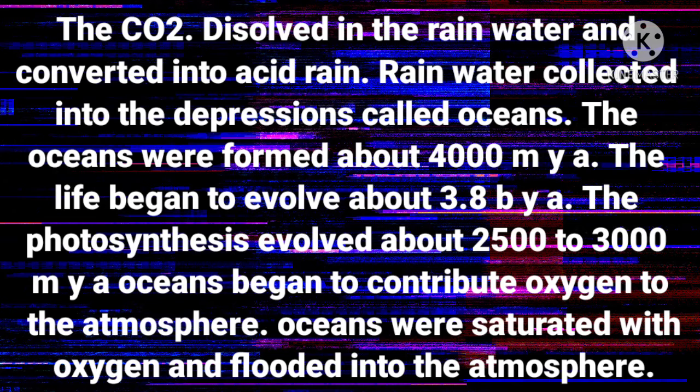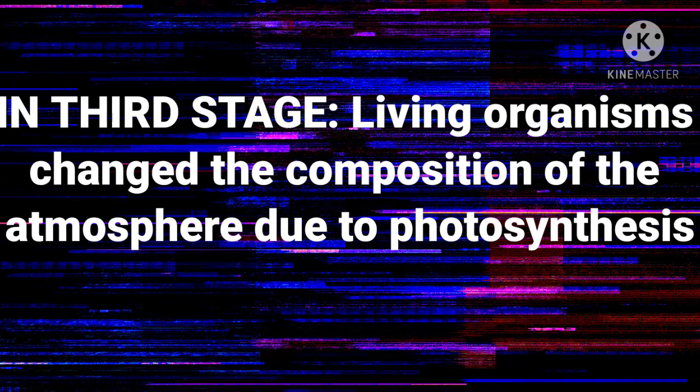Oxygen was saturated in the oceans and flooded into the atmosphere. And at the last, in the third stage, the living organisms changed the composition of the atmosphere due to photosynthesis, and then after that, the origin of life started on our earth.